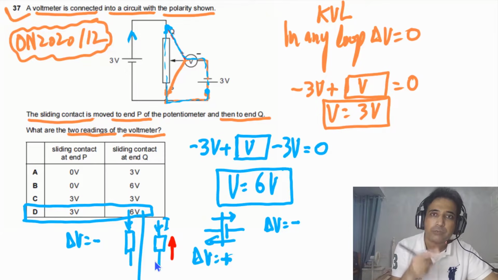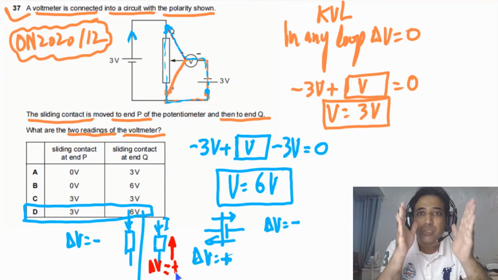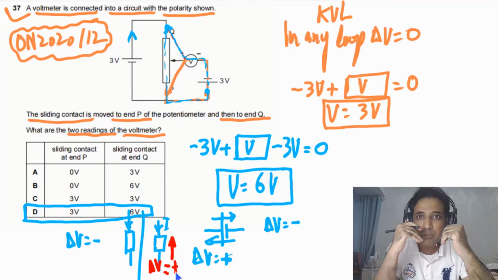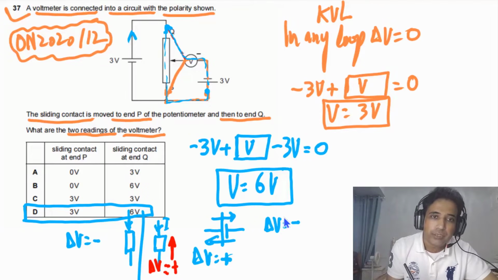In this case, potential will increase, so the change in potential, the PD, has to be positive. So what is PD? Change in potential. If potential increases, PD is positive. If potential decreases, PD is negative. I hope these points are clear to you.